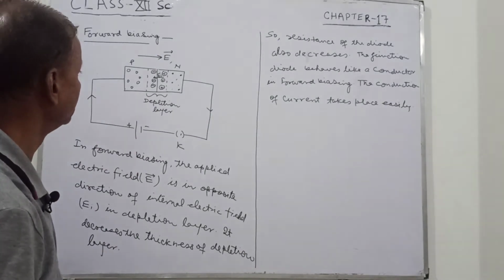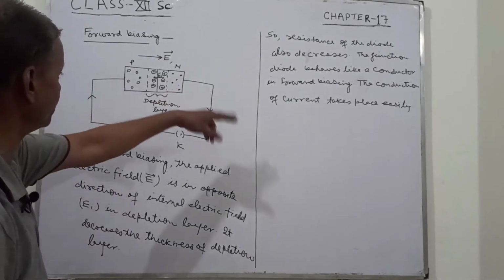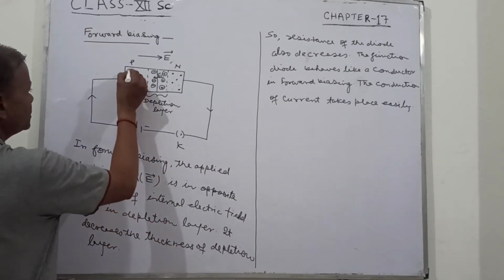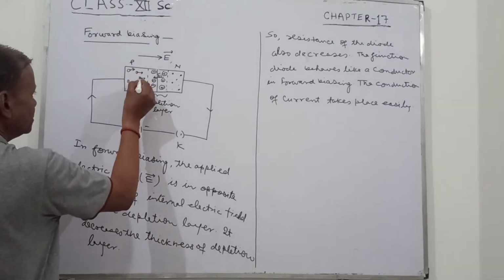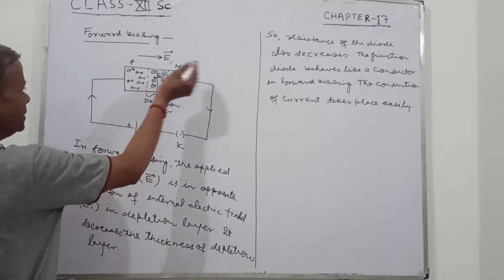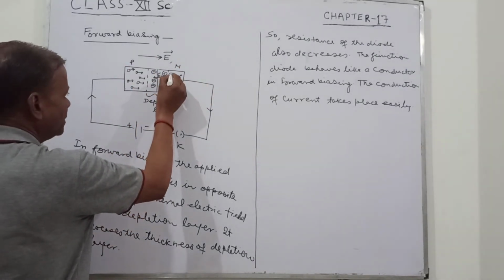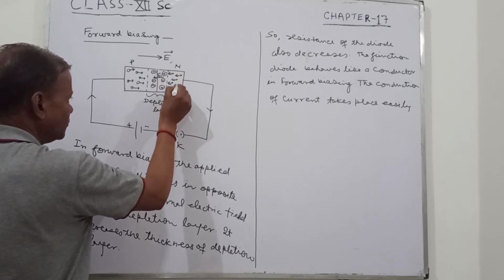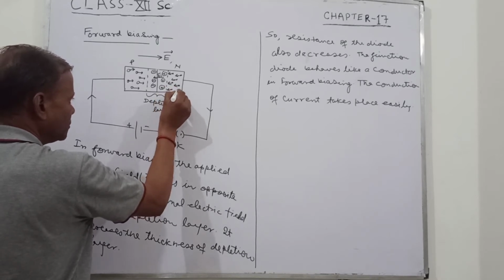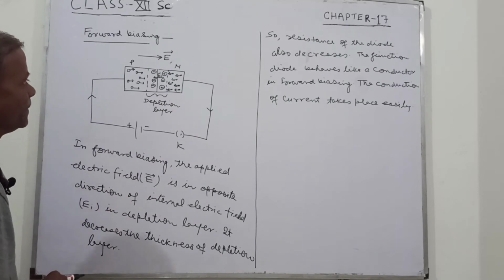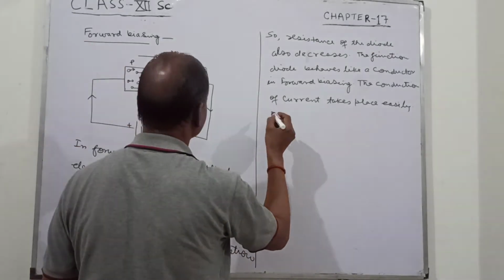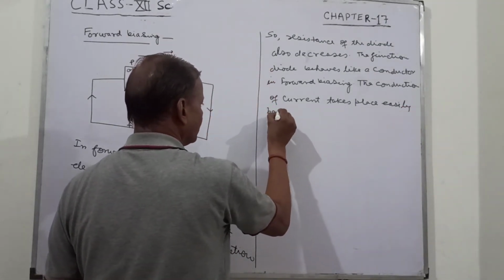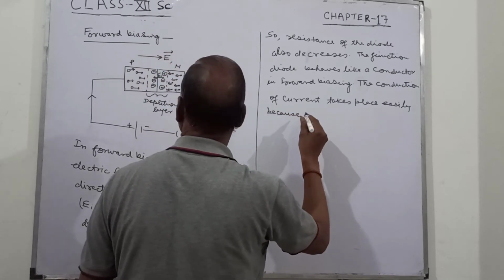You can see that current flows from P to N. The holes move in the direction of the applied electric field, and the electrons move opposite to it.